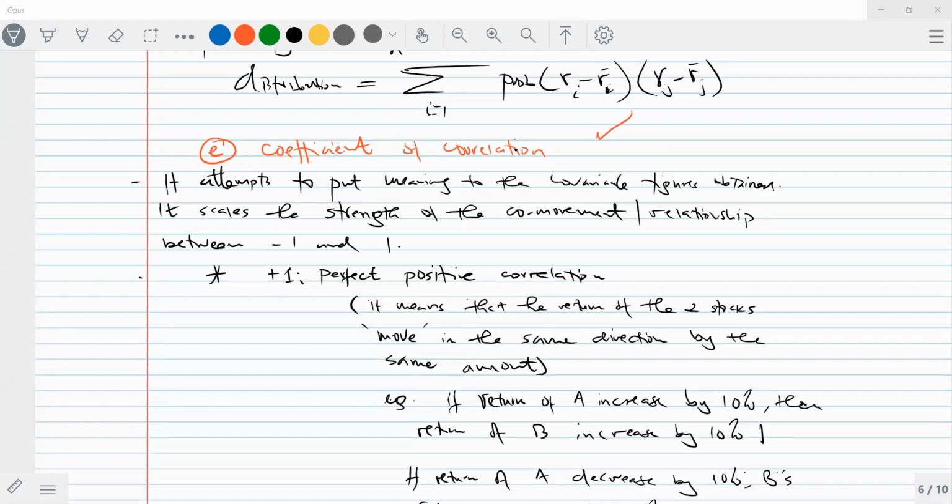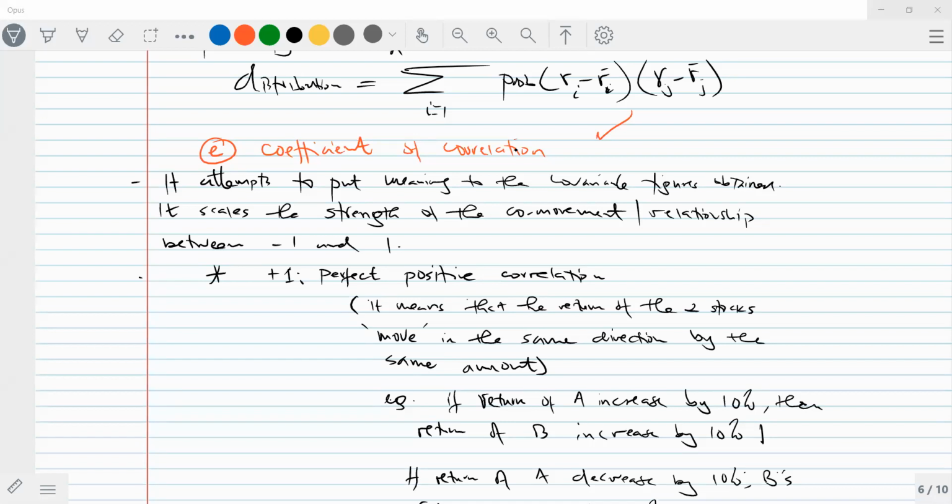Now this puts a scale between +1 and -1. Say we have +1 as the correlation between the movement of the returns of asset A and asset B. What does it mean? It means that if the return of asset A is increasing by 10%, the return of B is also increasing by the exact same value, 10%.